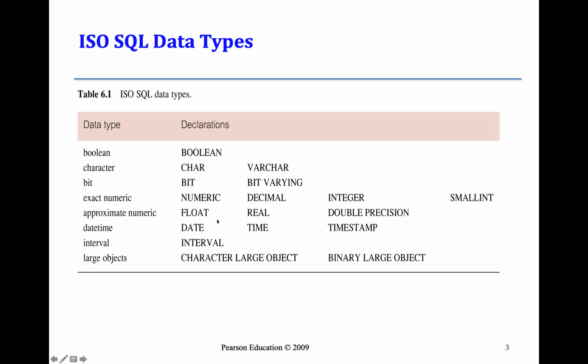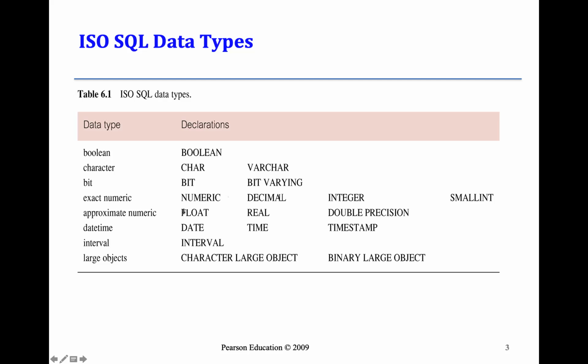And there are multiple ways you can store numeric data exactly as opposed to approximately. In programming languages, you can typically only store decimal numbers approximately using float or double. But in SQL, there are exact types for representing numbers.